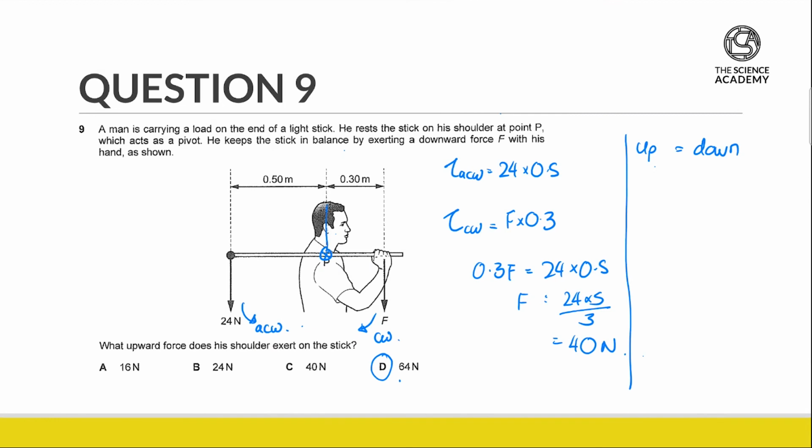We have the normal reaction force due to the man's shoulder, and that's it. So the normal reaction force must be equal to all the down forces, which is the 24 plus the F. In our previous part, we already solved for F, which is 40. So we have 64 newtons, and you realize that this gives us the same answer as we had obtained before.